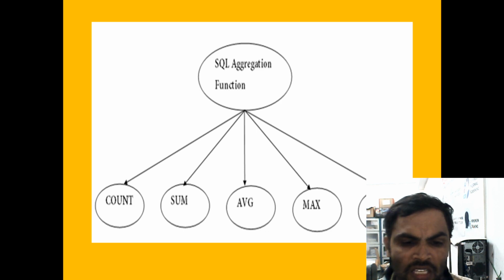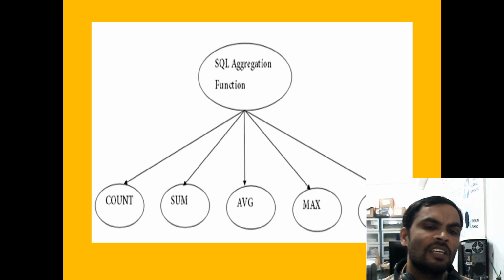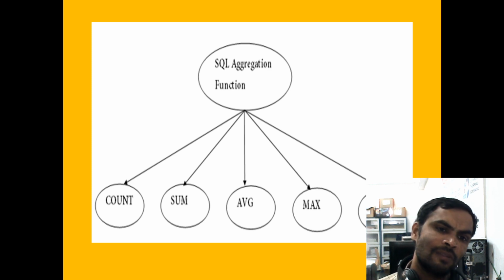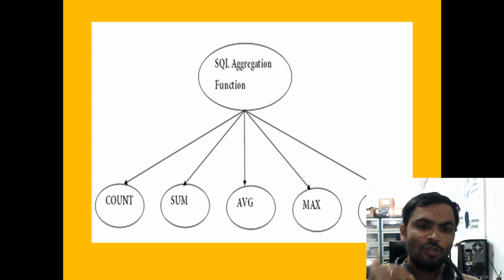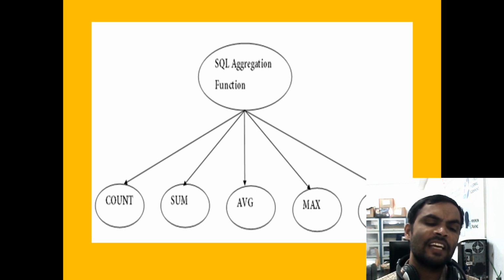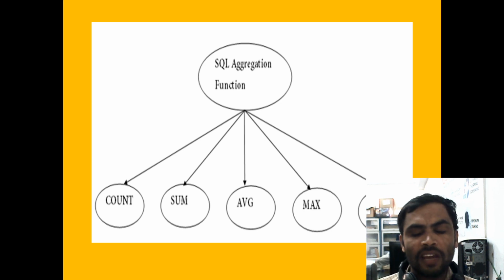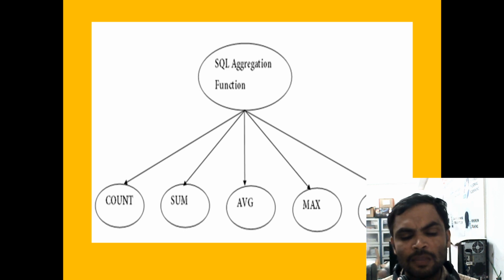These five functions come under the aggregate or group functions. The group by clause is different from group functions. Aggregate functions always return only a single value. They will not return multiple values.